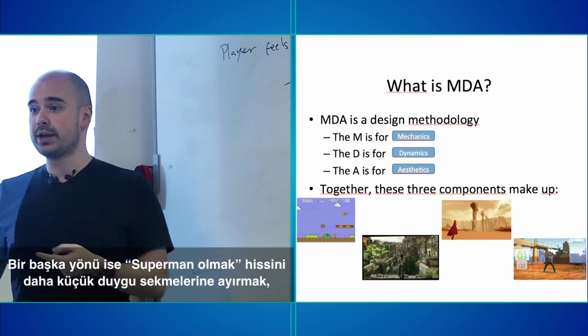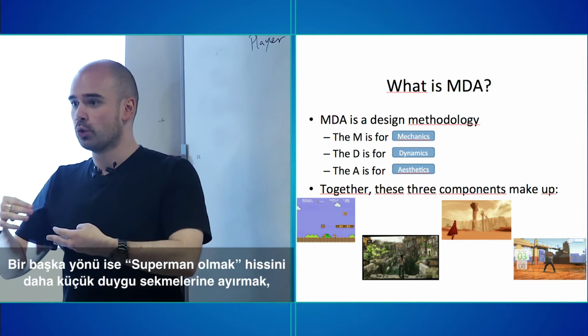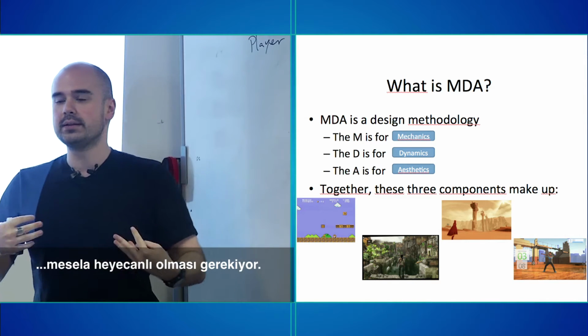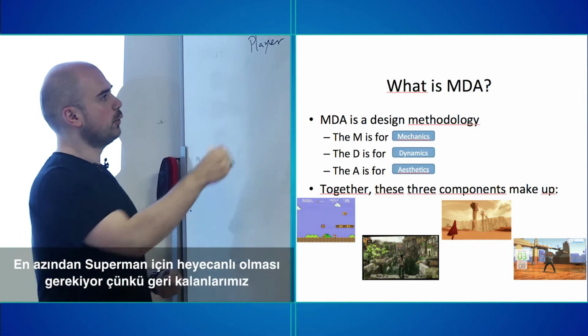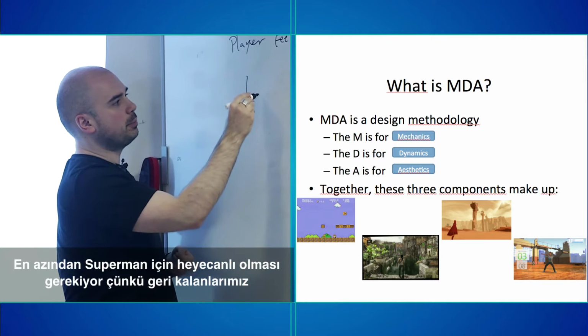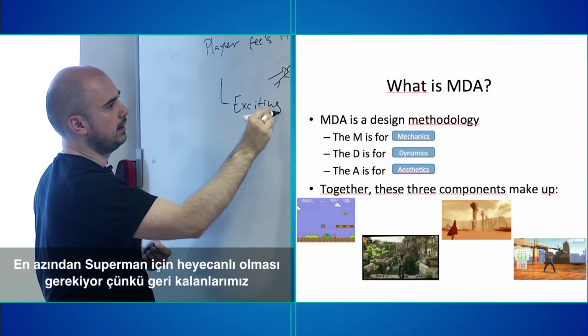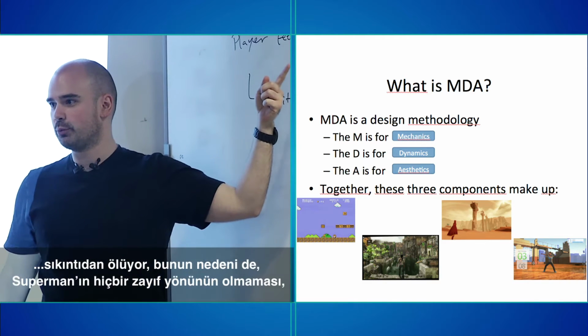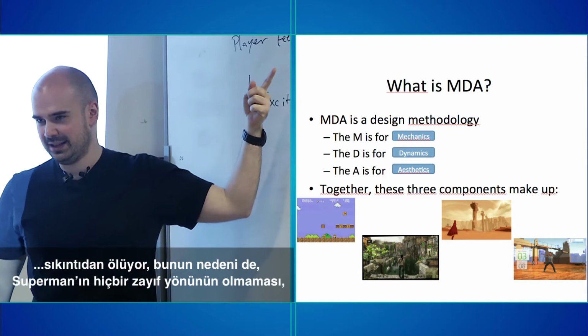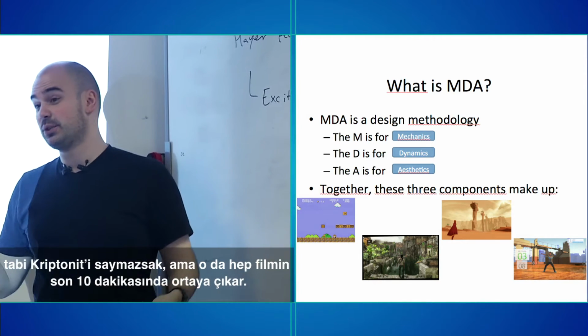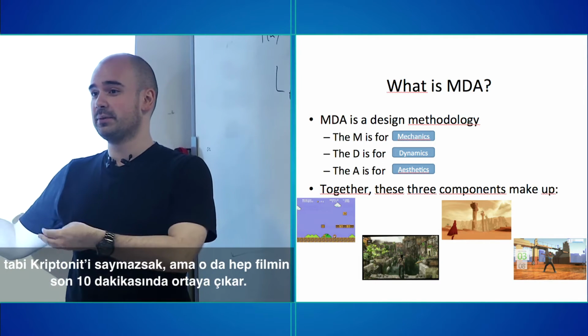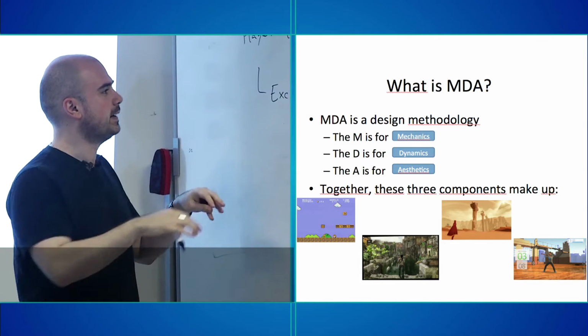Another one is to break it down into the more low-level emotions of what it means to be Superman. So for instance, it's supposed to be exciting. At least it's exciting for Superman. The rest of us are bored to death because he has no weaknesses. Except when someone comes with kryptonite, and that's always in the last 10 minutes of the movie, but never mind.